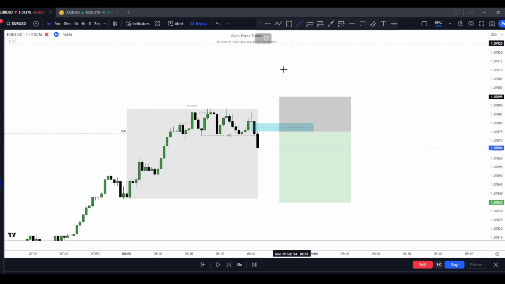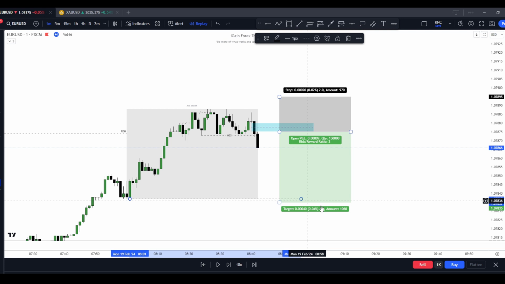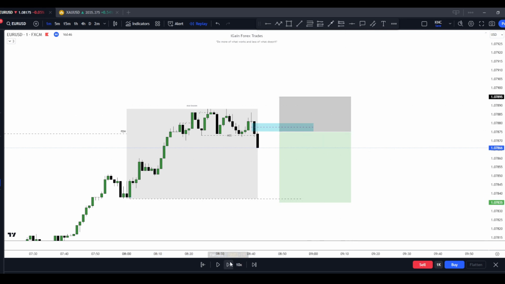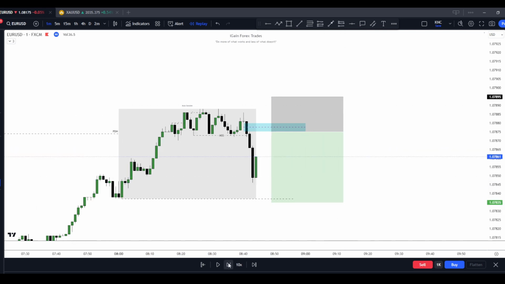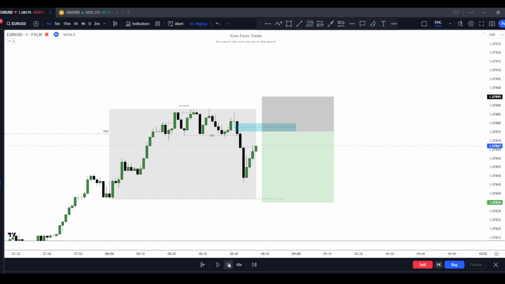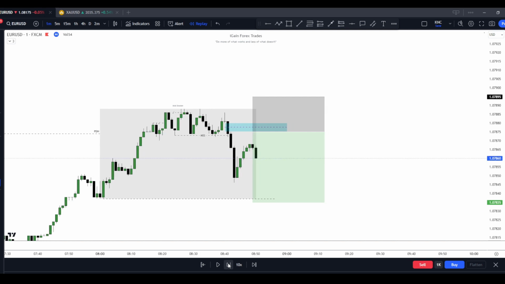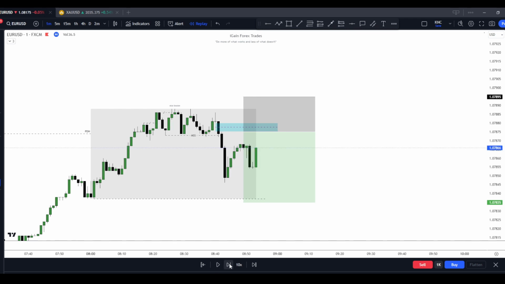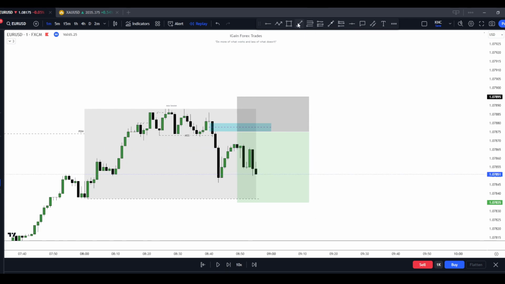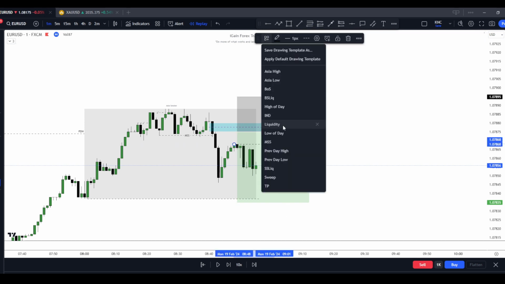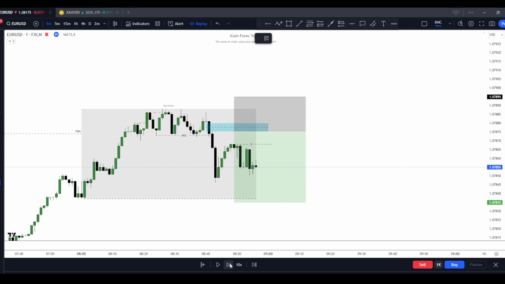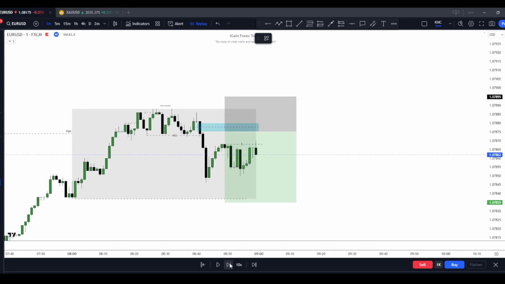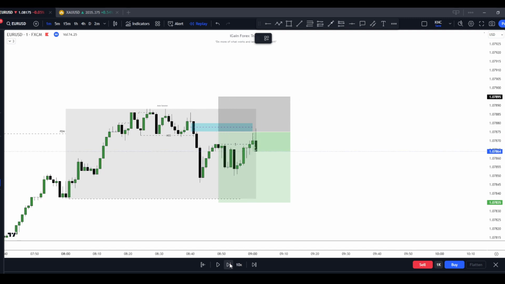This is almost the sell side liquidity. There you go. Let's see what will happen. We have a choppy market. Okay. This is liquidity build up or inducement. There we go, guys.